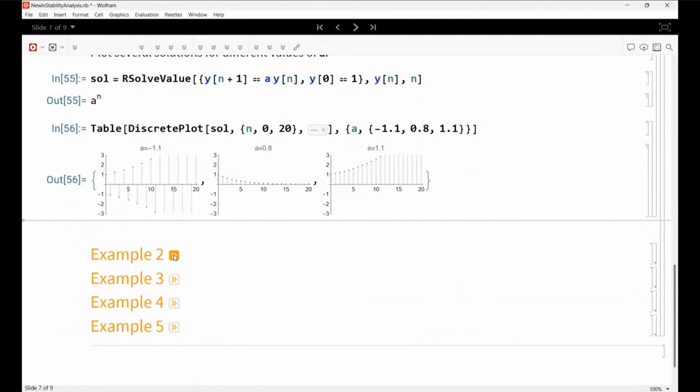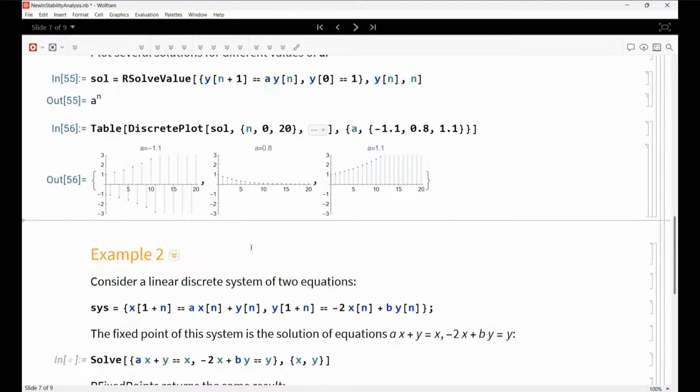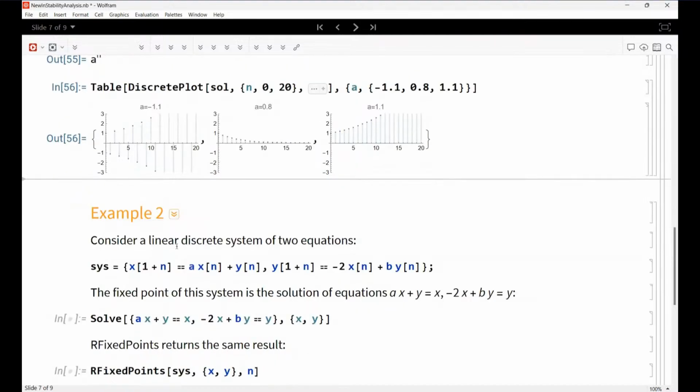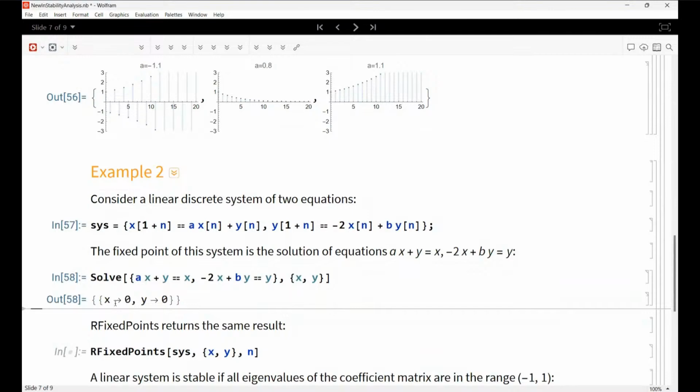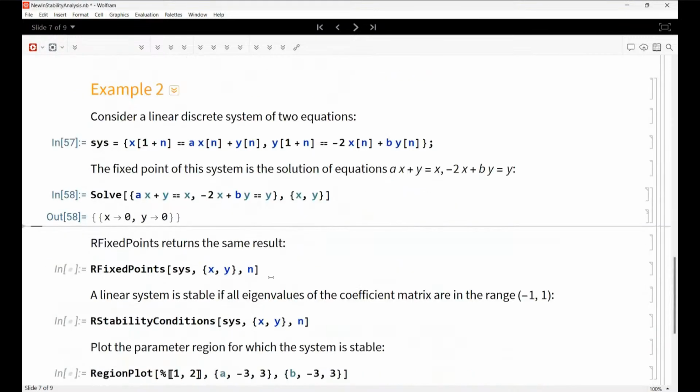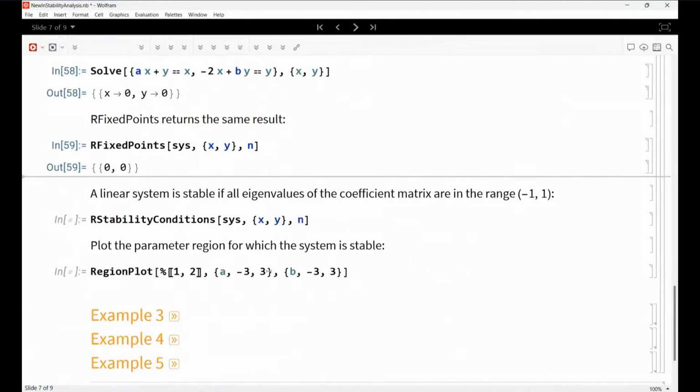As a second example, let's consider a system of two recurrence equations presented here. The fixed points of the system are the solution of the following system of equations. We can solve it to see that we have one fixed point at the origin, and our fixed points function returns the same result.